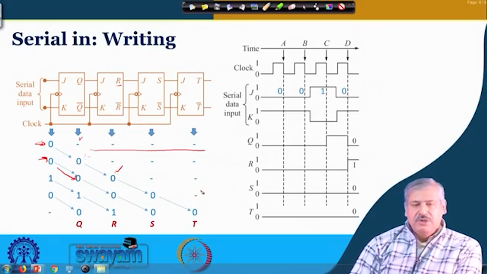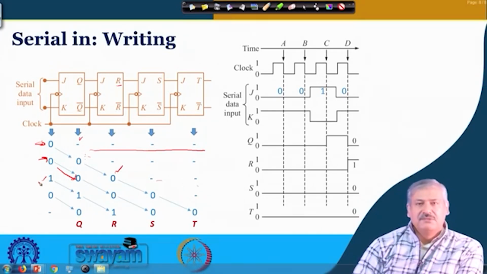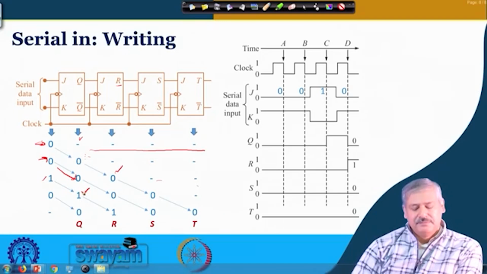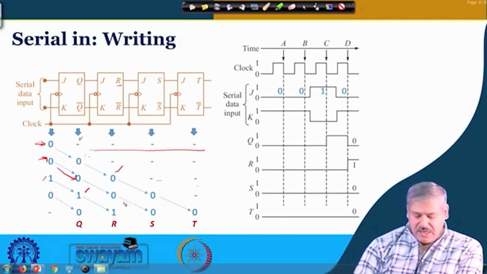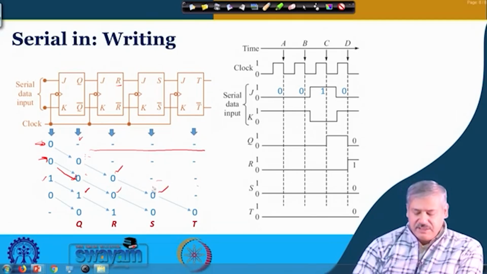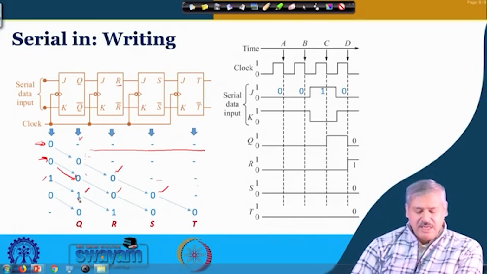The other two you are not bothered about. Now, you present 1 at that time. With the next clock trigger, 1 comes to Q, and the 0 comes to R and the other 0 goes to S. So, S now has 0, R has 0 and Q has 1.